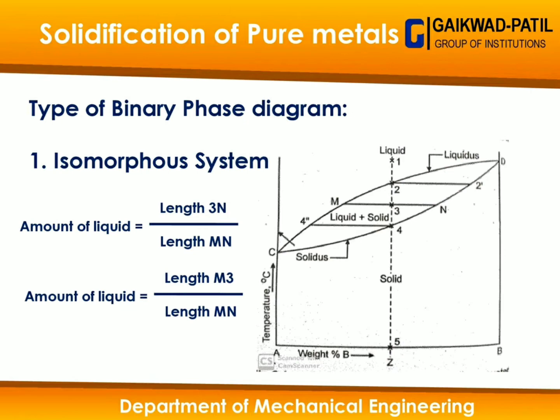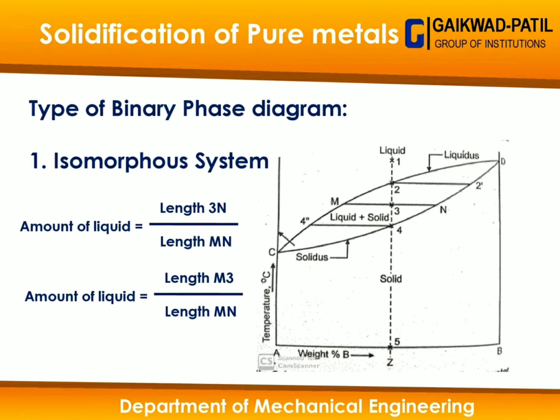When we mix metal A with metal B at the molten stage, metal A absorbs the higher temperature and metal B dissipates its temperature to metal A, due to which an equilibrium gets formed at a certain point, point 3, and we will get a liquid plus solid solution.